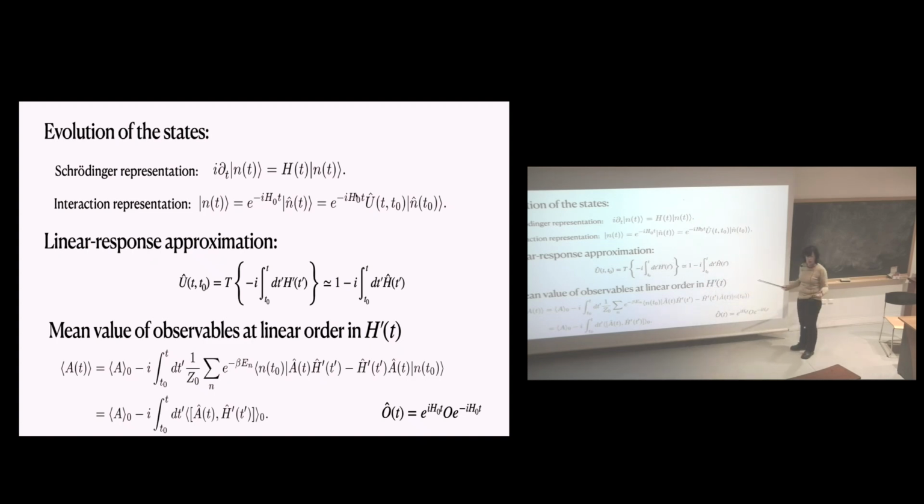This is a difficult problem, but linear response corresponds to approximating this at linear order. So we keep from this exponential, sorry, there is an exp missing here, from this exponential, we keep only the linear term.